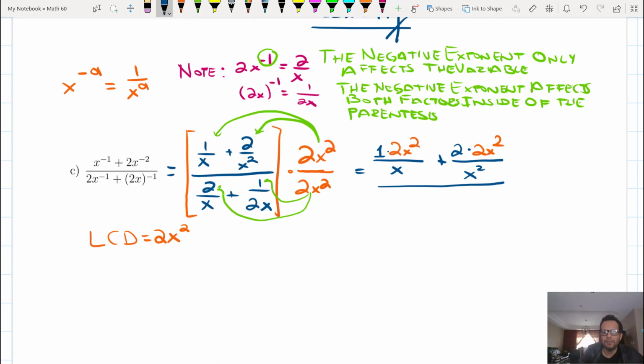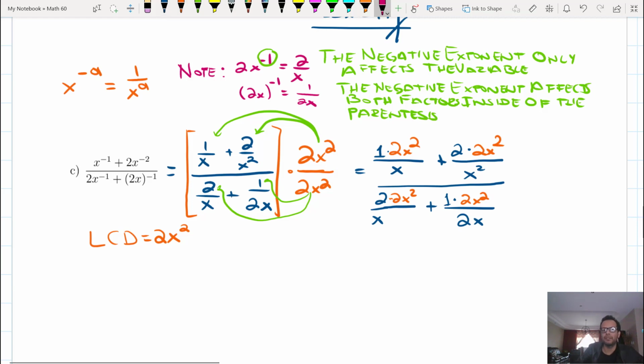All right, so 2 divided by x, well, times the quantity 2x squared, plus 1 that multiplies the quantity 2x squared over the quantity 2x.